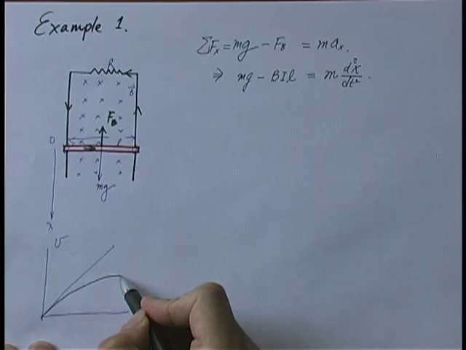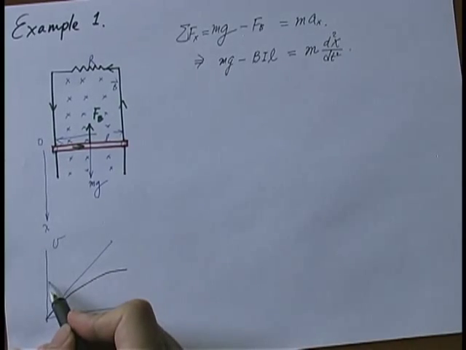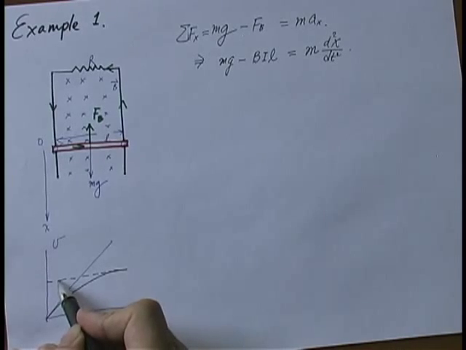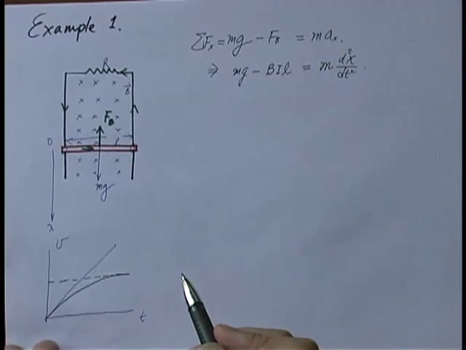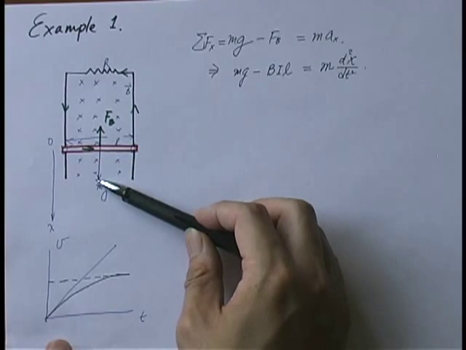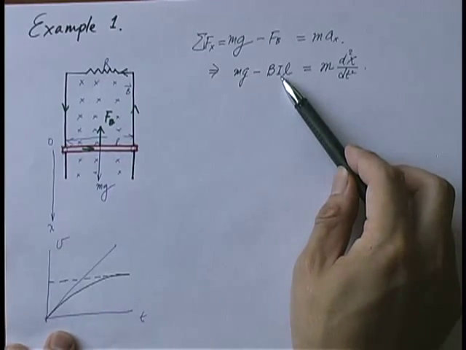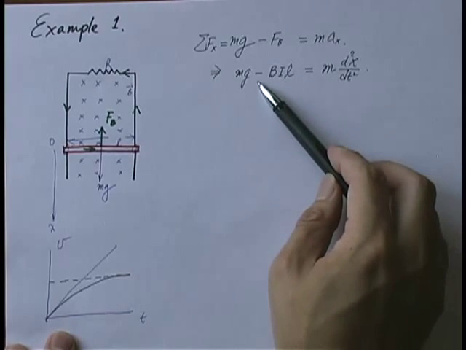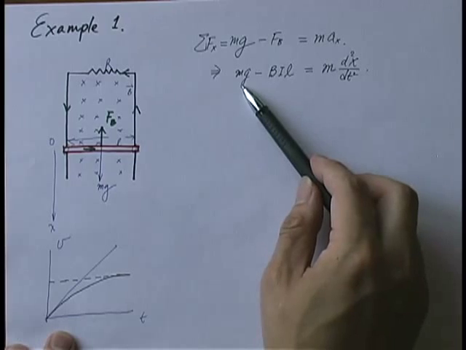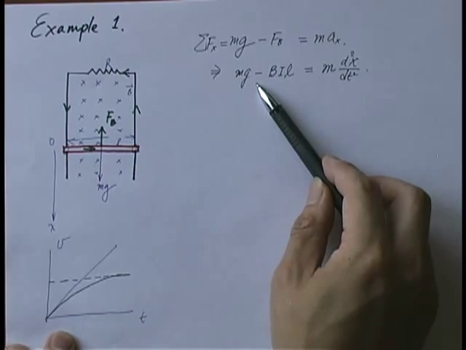As a matter of fact, at some point, v will reach a saturated value, which we know exactly what it should be, because as v gets greater and greater, the current is so large that the magnetic force caused by this induced current exactly cancels mg.